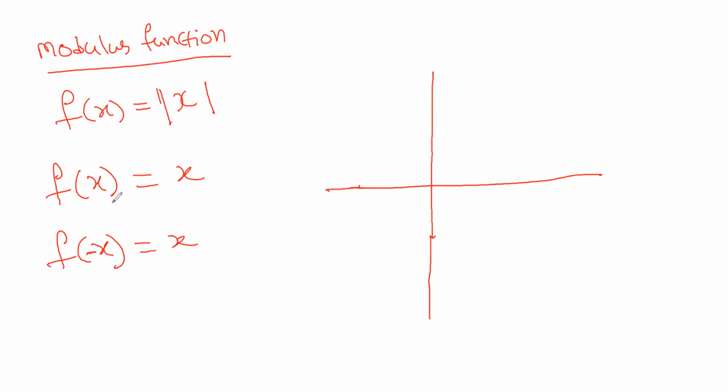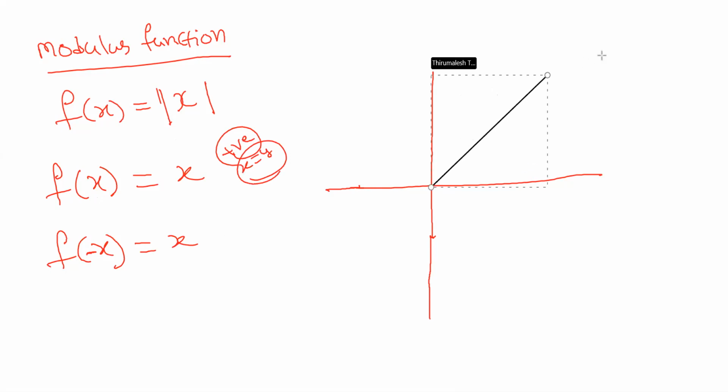The positive part is the x equal to y line. Now when you come to the negative side, there also x equal to y.